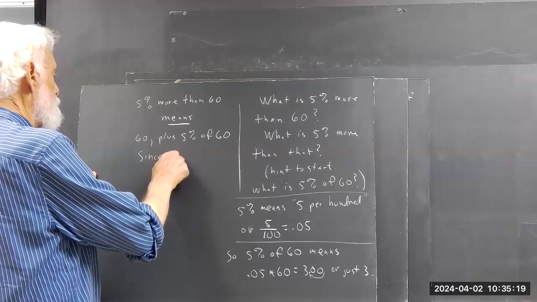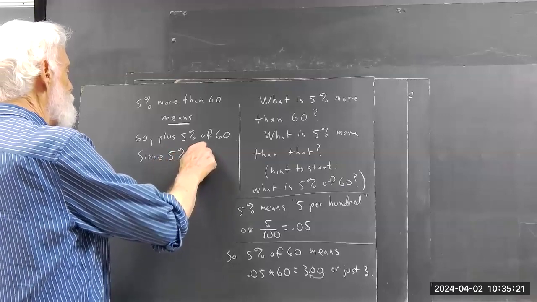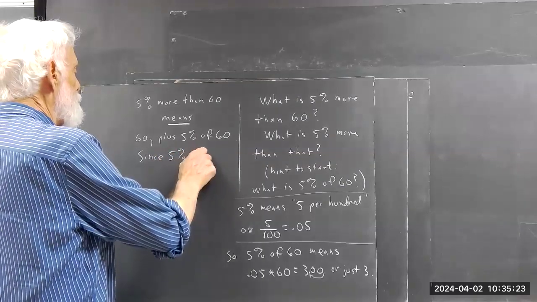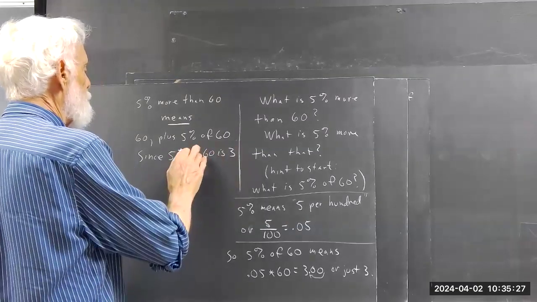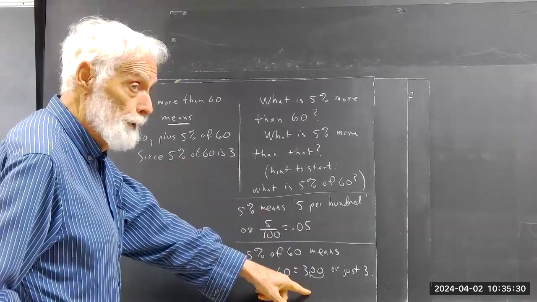There's a logic. This 5% of 60 is 3, so we saw it down here.